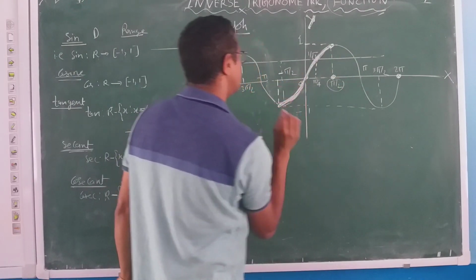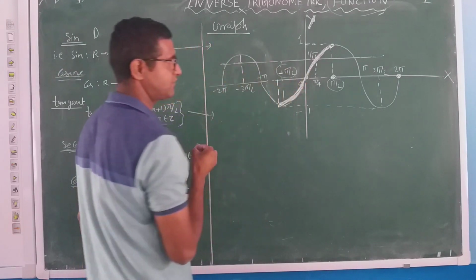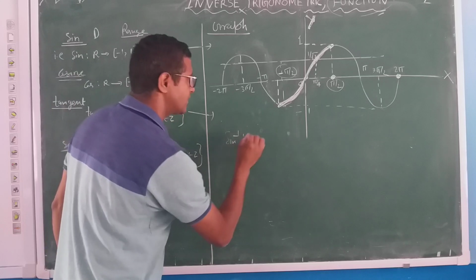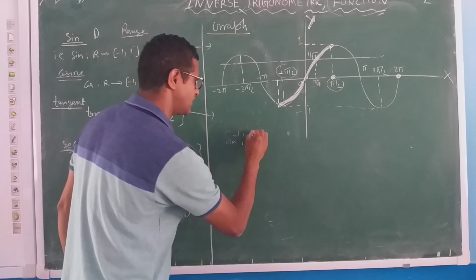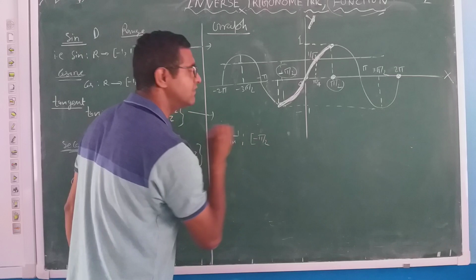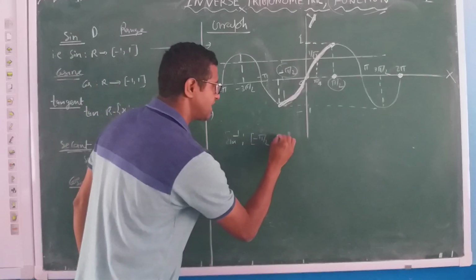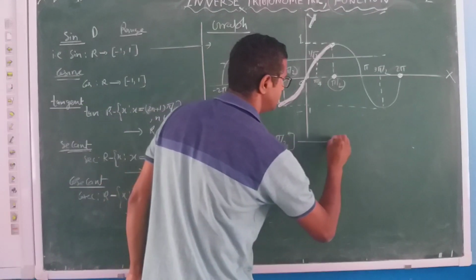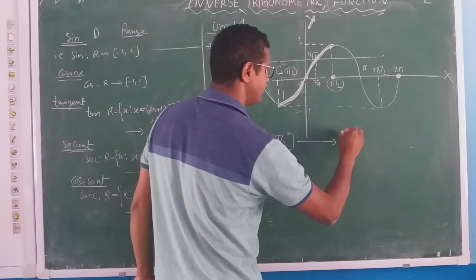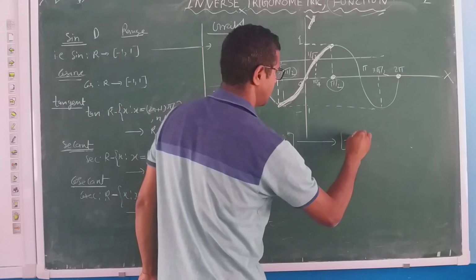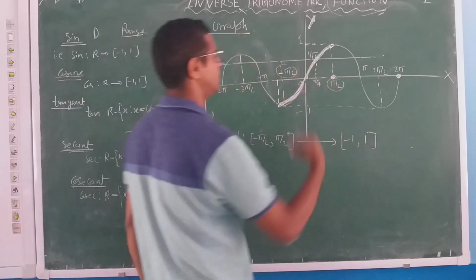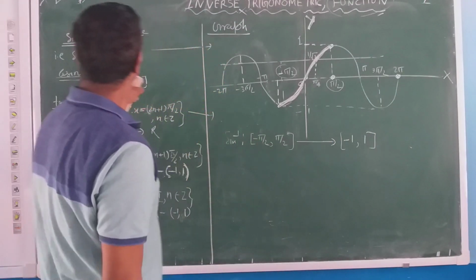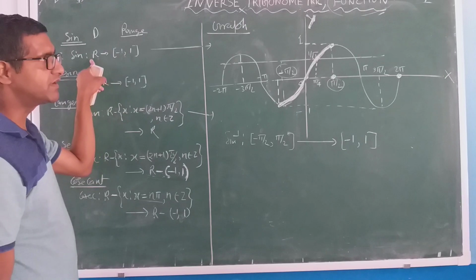Pi by 2, and the minimum value of the domain is minus pi by 2. So you can write sine inverse with the domain from minus pi by 2 to pi by 2, and the corresponding range will be the closed interval minus 1 to 1. Under this condition, the given trigonometric function will be invertible.